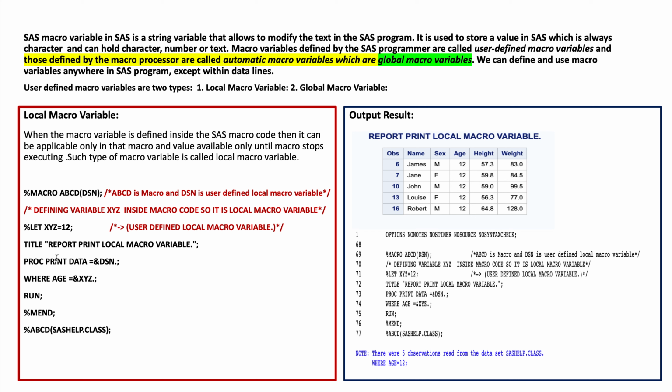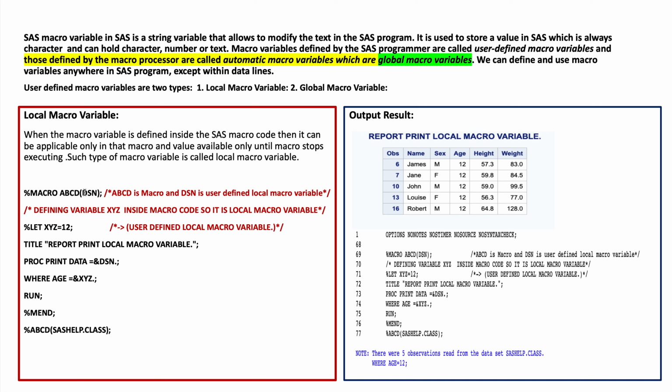The title is 'report print local macro variable'. PROC PRINT data equals &DSN, calling the local macro variable DSN, where age equals &XYZ, calling macro variable XYZ. Run, %mend to close the macro, and we call macro ABCD here by providing the sashelp.class dataset.